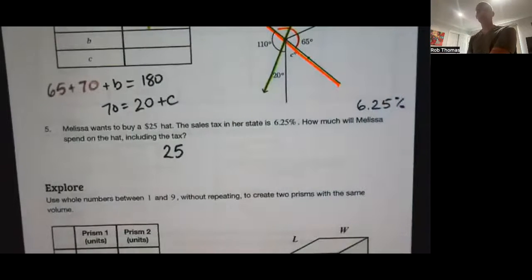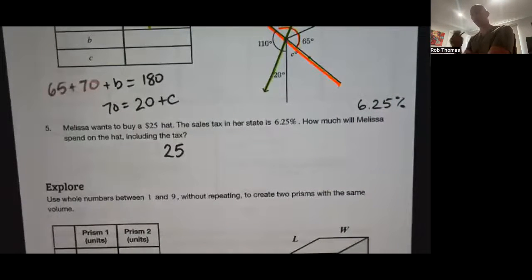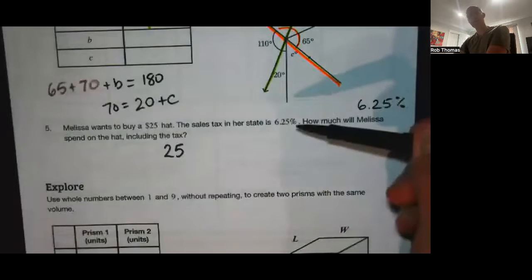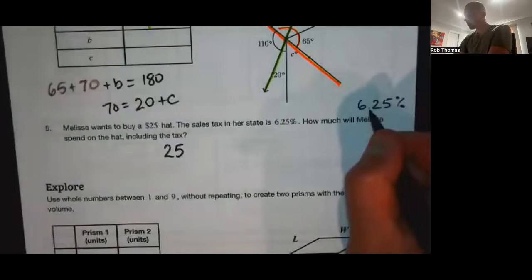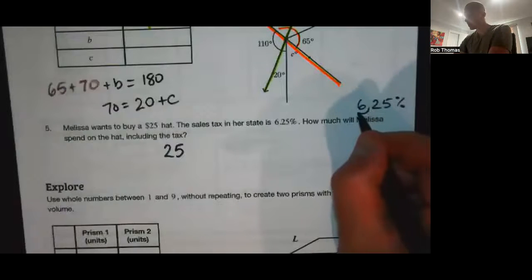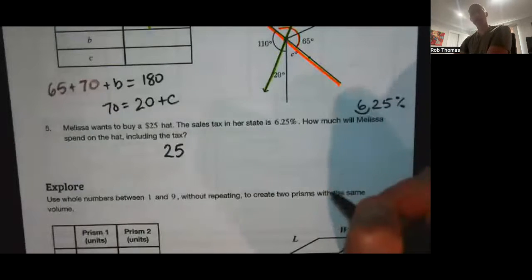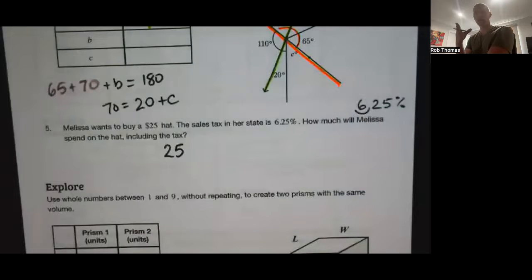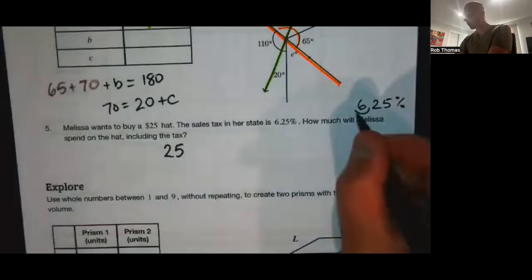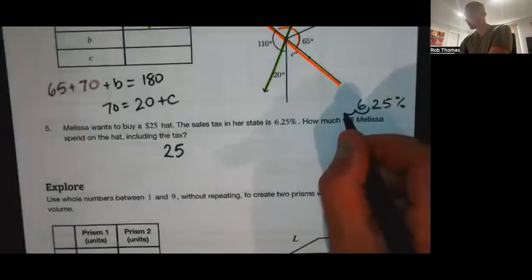When you want to turn this into a decimal so you can use it in your calculations, you move that decimal point 2 spaces to the left. So when we move the decimal point 1 space, it goes from being between the 6 and the 2 to now in front of the 6. So we would have 0.625, but we only moved it 1 space. We're supposed to move it 2. So let's move it 1 more space.